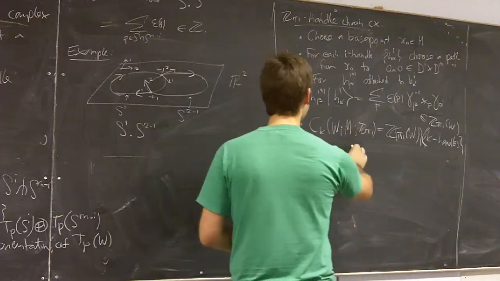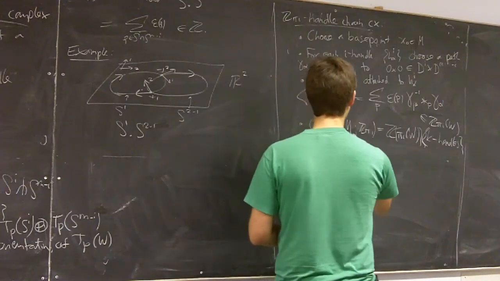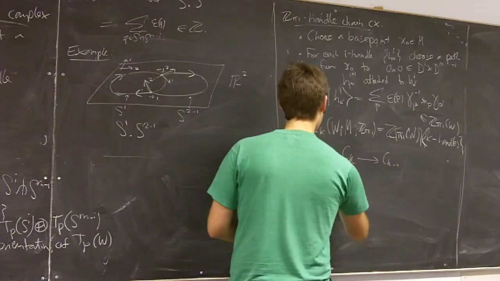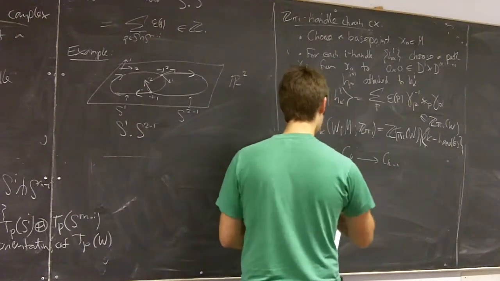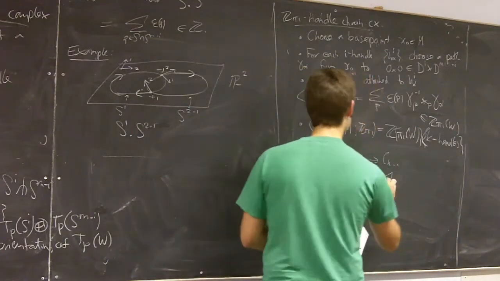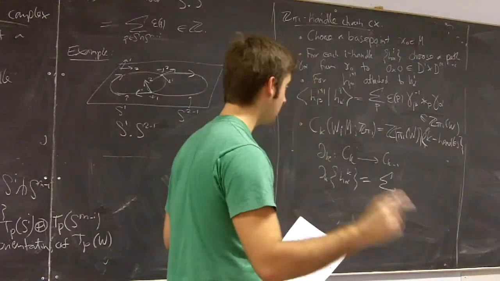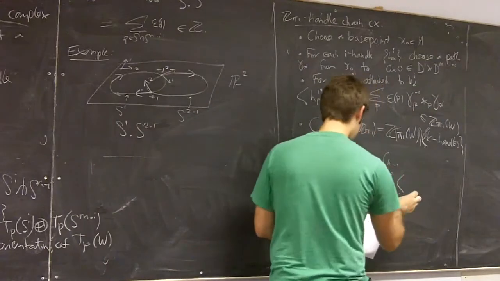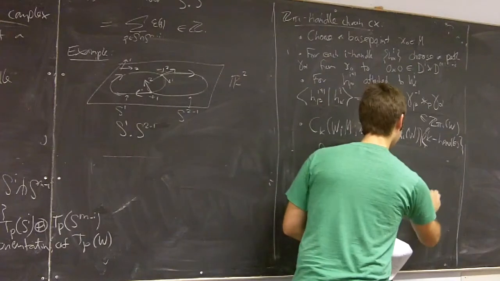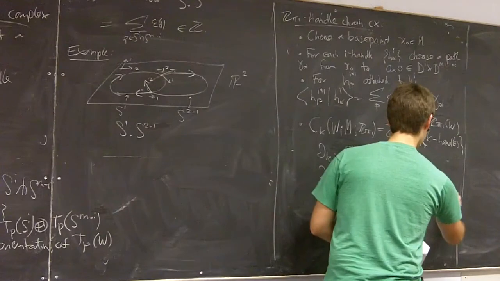And then we define the boundary map using the incidence numbers. So dk from ck to ck minus 1 is defined by, if we have, say, k handle alpha, the boundary map gives us the sum over all handles it's attached to of the incidence number with that handle and then the generator of that handle.